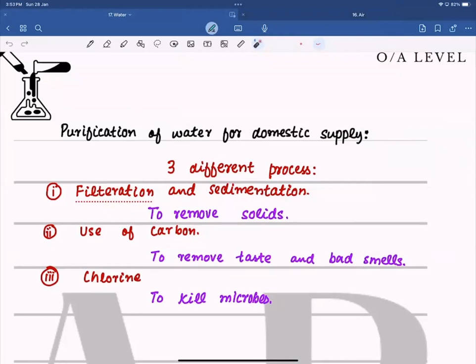Then we use carbon, which removes any taste or bad smells in the water. And then chlorine is added, which kills the microorganisms in water. And then we get the water supplies in our home after going through these three procedures.